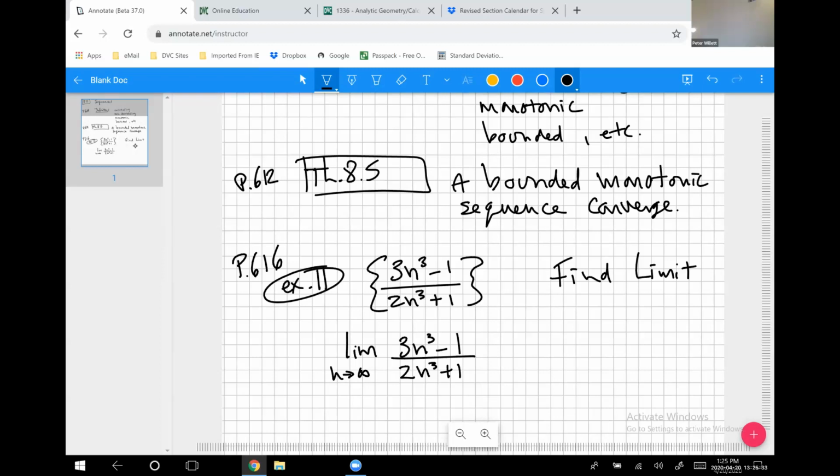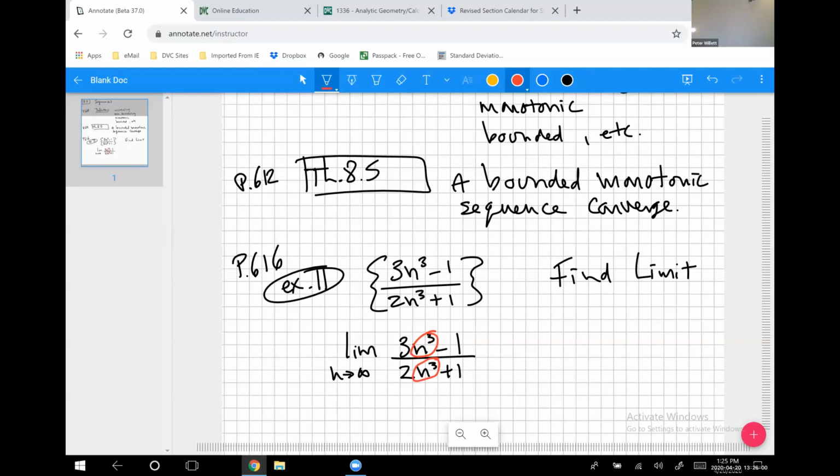So can anybody remember what we would get if we just evaluated this limit as if it was a normal function? Jack is suggesting we get 3/2. That's exactly right. Yep, lots of people coming up. So this is a rational expression, and the idea was that you look at the leading power terms of the polynomial on the top and the bottom.